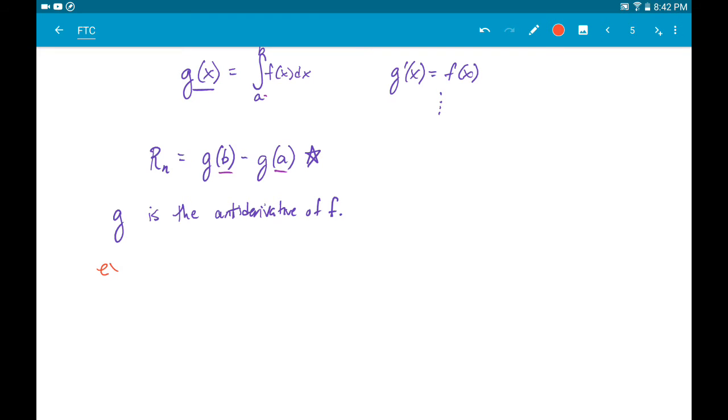So let's just do a quick example. Let's mix it up a little bit. Let's say we want the integral from 0 to 4 of x cubed dx. Always, always, always think about what you're trying to find visually.